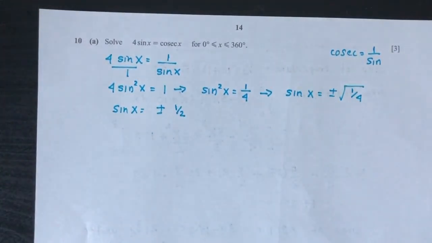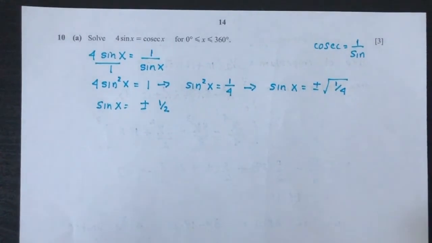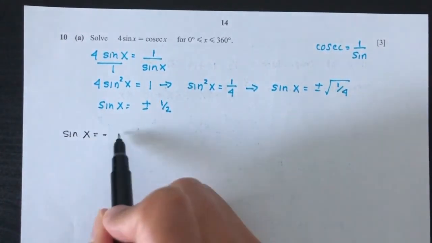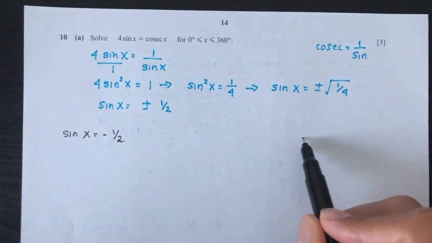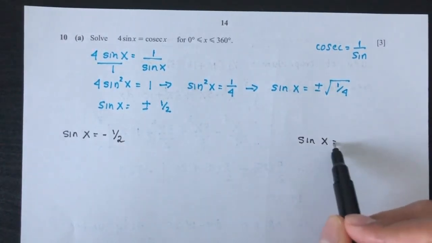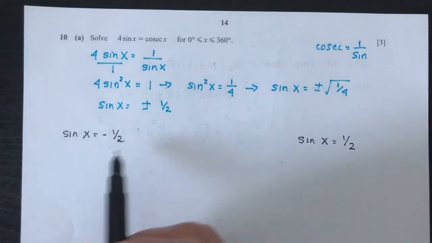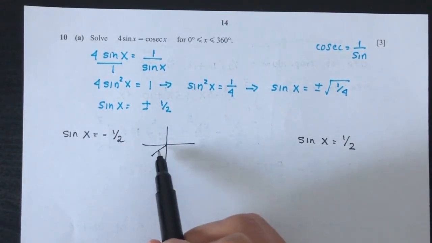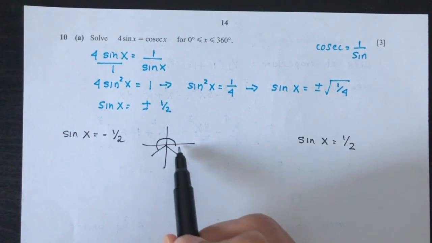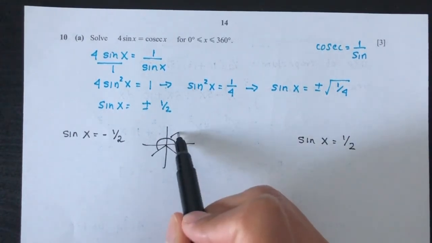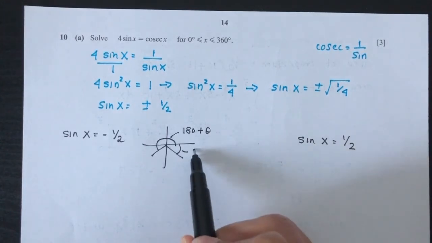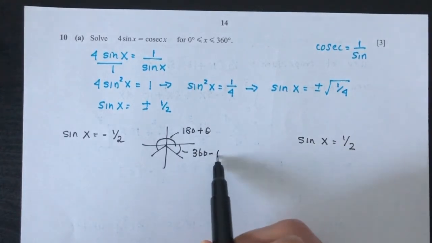So here we have two possible values now because of the plus and minus. So first one will be sine of x is equal to minus half, or sine of x is equal to half. Now for the negative value, sine is in the third quadrant and in the fourth quadrant. So third one will be 180 plus theta, and this is 360 minus theta.